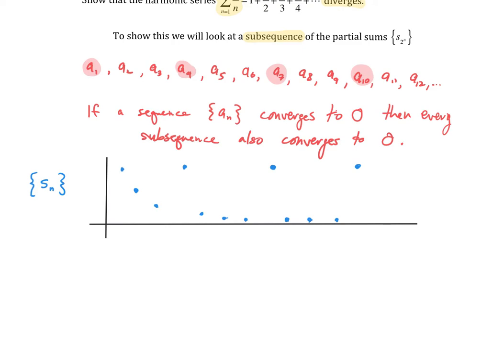We're just going to look at a subsequence, a certain collection of dots, and we're going to show that this collection of dots does not tend towards 0. That will show that our sequence is going to diverge. So what is the subsequence we're going to look at? We're going to look at this subsequence right here, S sub 2^n. I'm going to scroll up and we'll continue this discussion.